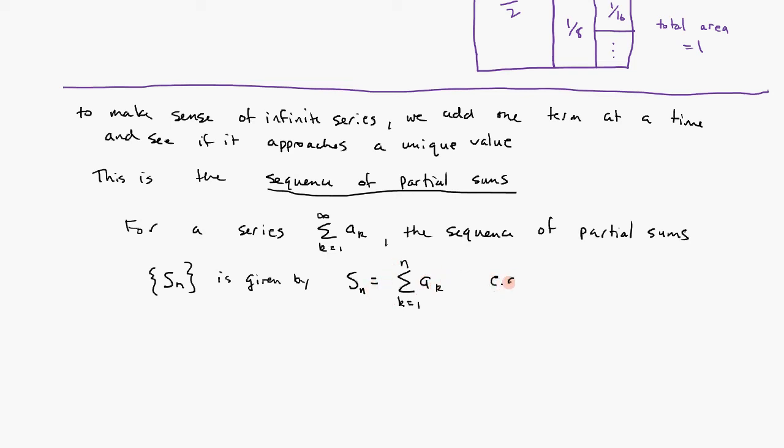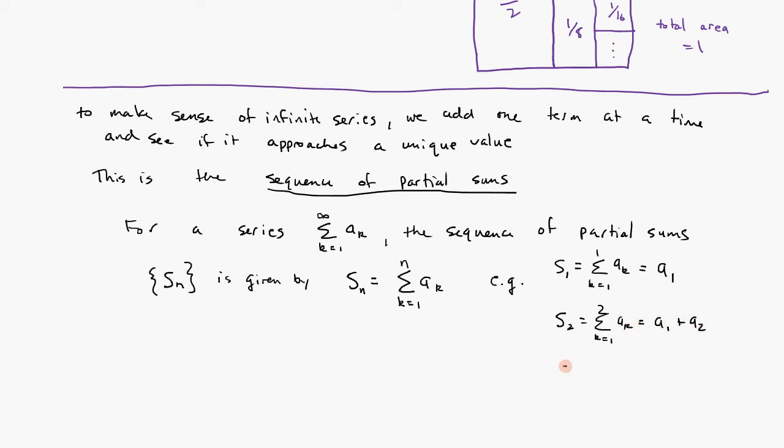So for example, S sub 1 would go from 1 to 1, so that would just be a single term. So k equals 1, so that will be just the first term, a sub 1. And then S sub 2 is sum k equals 1 to 2, so this will have two terms. So it will be a sub 1 plus a sub 2.